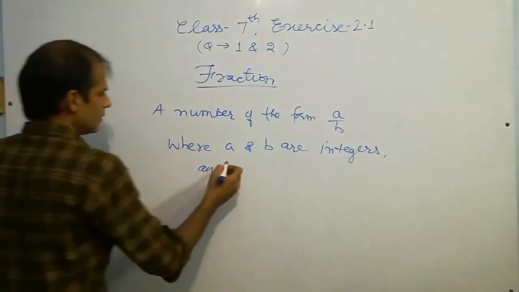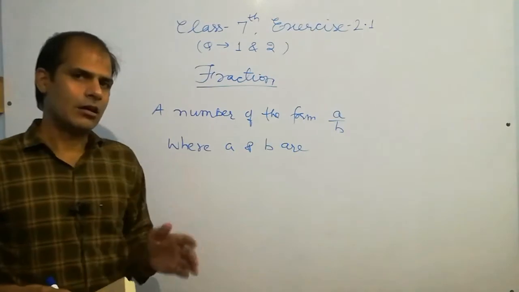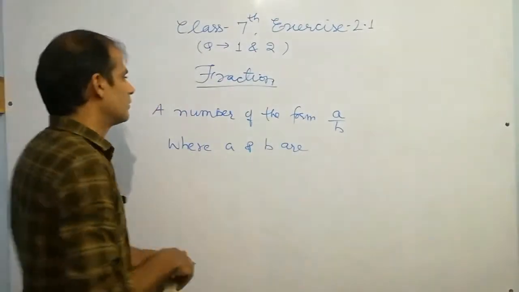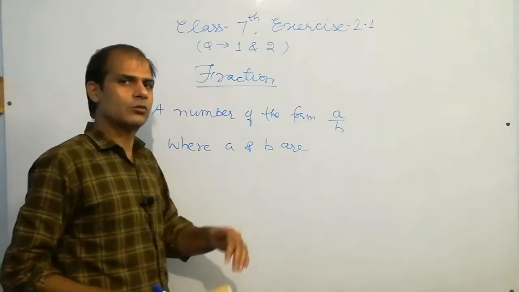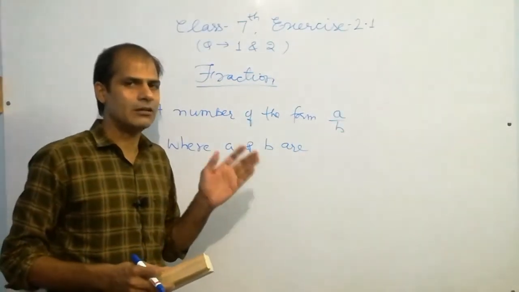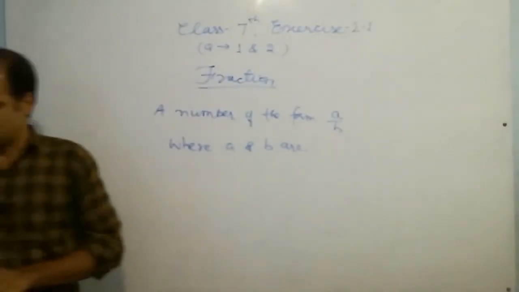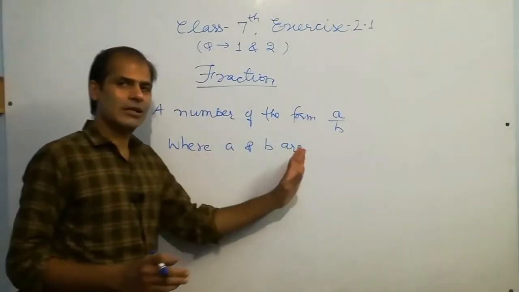But in your book, considering the scope of your syllabus, there are whole numbers. In general we can write real numbers, but it is given whole numbers in your book, so I will consider the same concept.